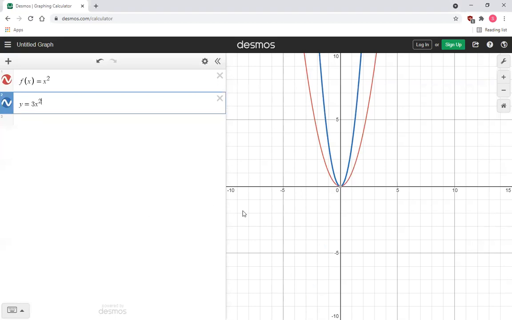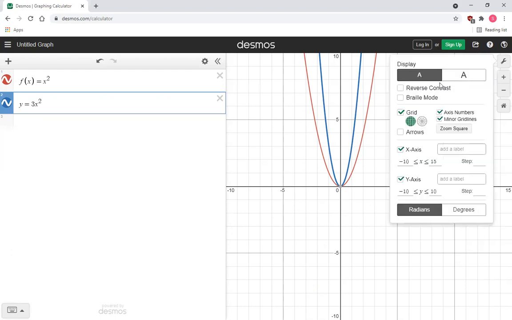Now, if we look at this, we'll notice that when x was equal to 1, originally y was equal to 1. But now when x is equal to 1, y is equal to 3. And I'm just going to switch this into a slightly different mode here.